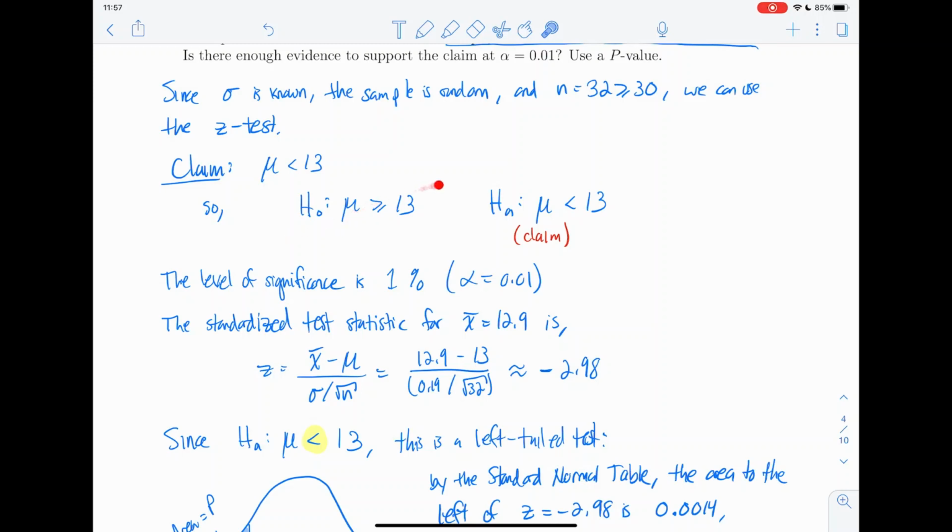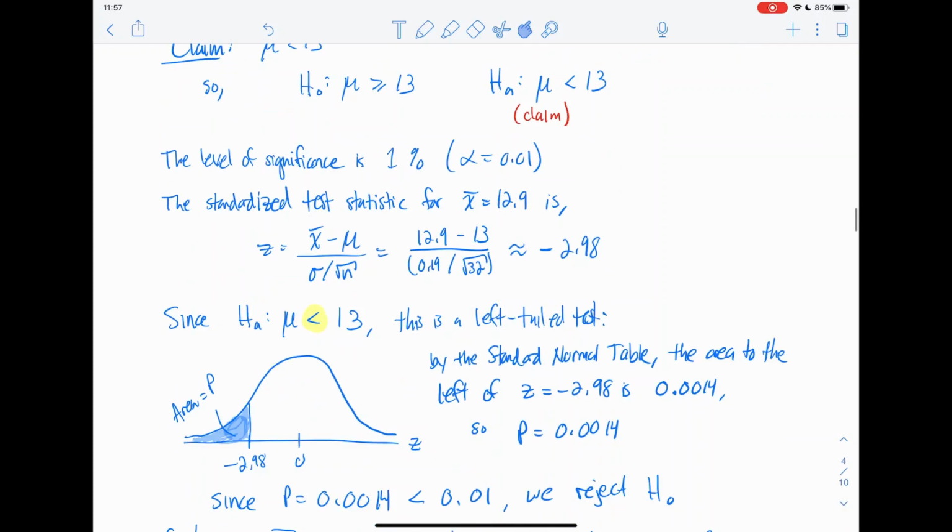So if we've rejected H naught, what that means is that we have enough evidence to support the alternate hypothesis, which in this case was our claim.